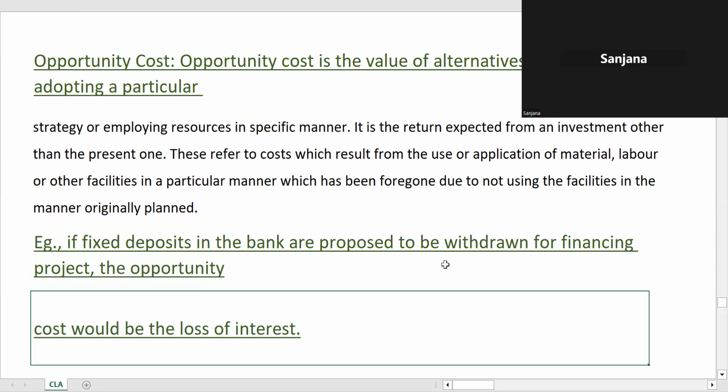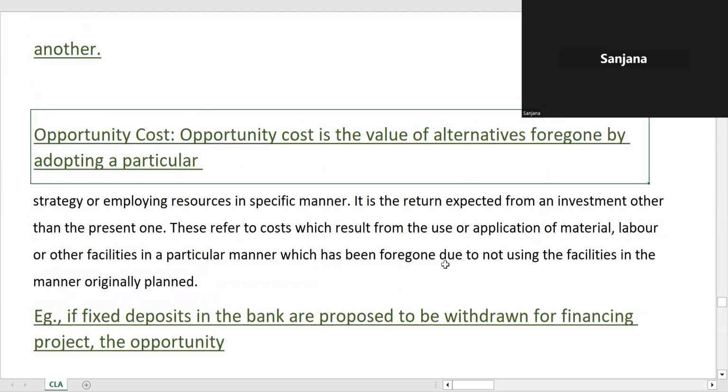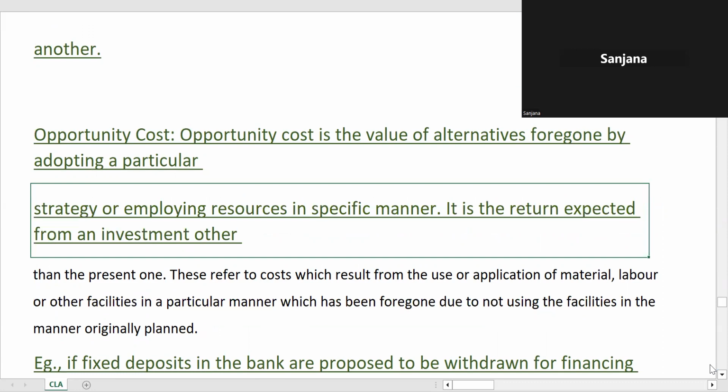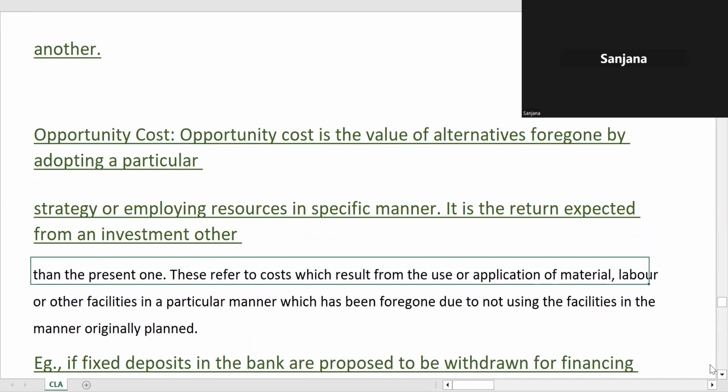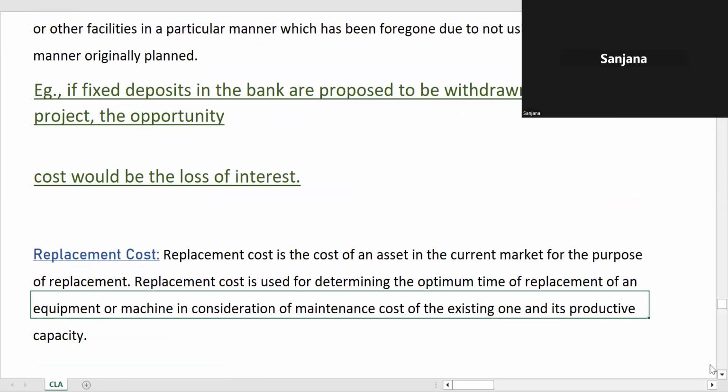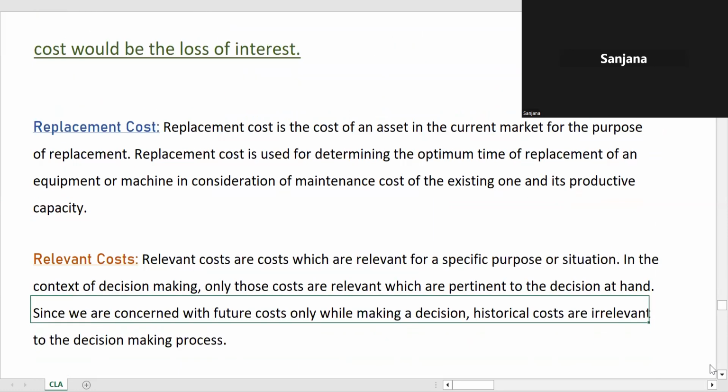Basically it is the value of alternatives foregone by adopting a particular strategy or employing resources in a specific manner. It is the return expected from an investment other than the present one. This is nothing but opportunity cost.